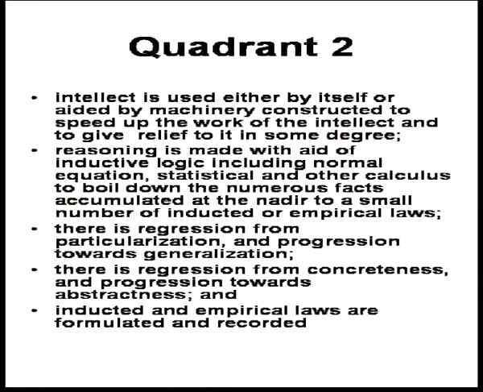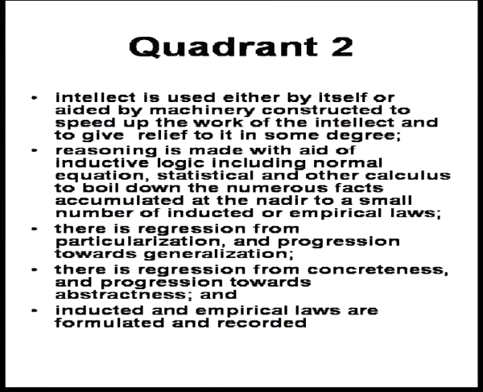Quadrant 2 is between nadir and ascendant, in which intellect is used either by itself or aided by machinery constructed to speed up the work of the intellect and to give relief to it in some degree.